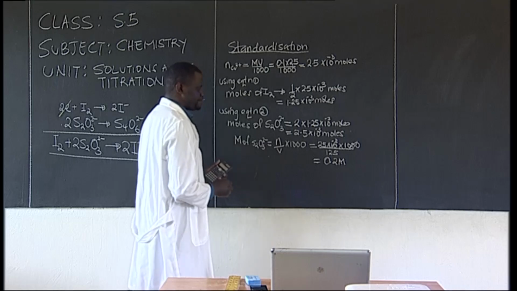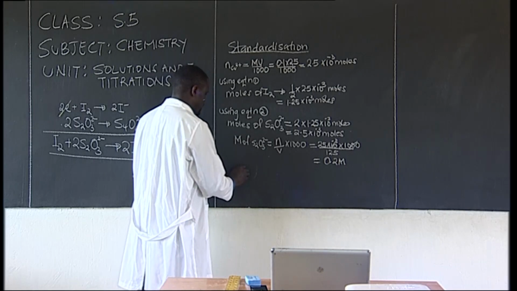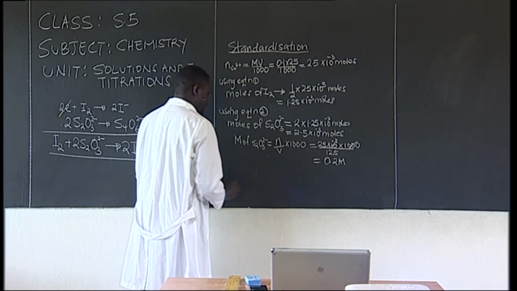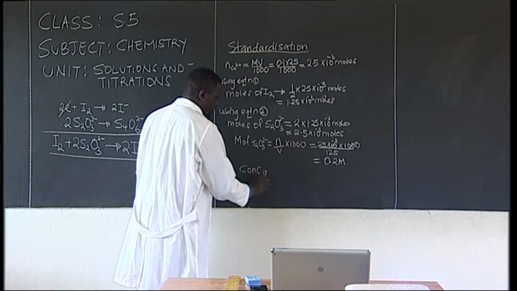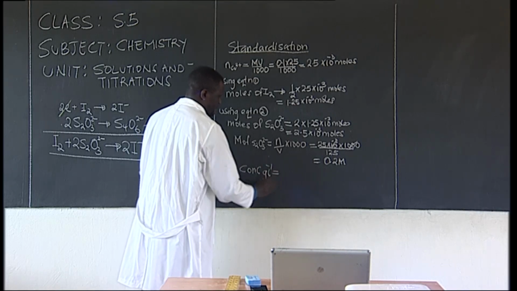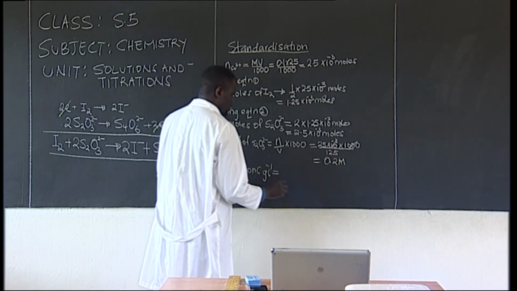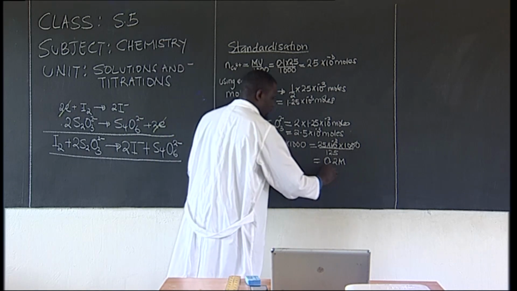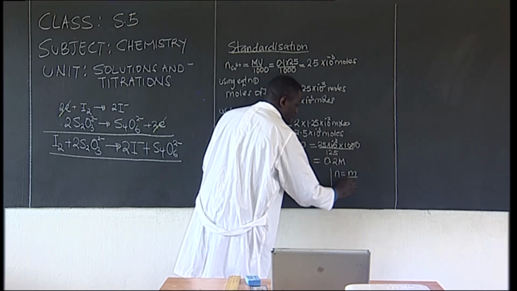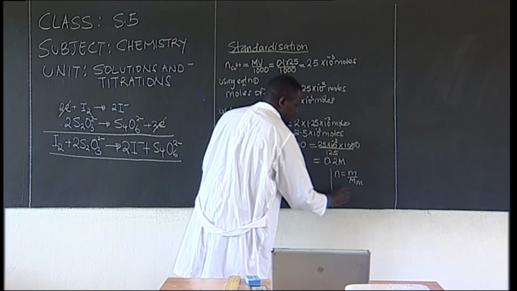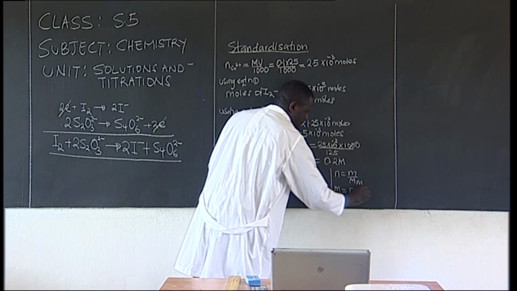Then from there, we want mass. This mass is the same as concentration in grams per liter. We can help ourselves with the formula which says that number of moles is equal to mass over molar mass, so our mass will equal number of moles times molar mass.